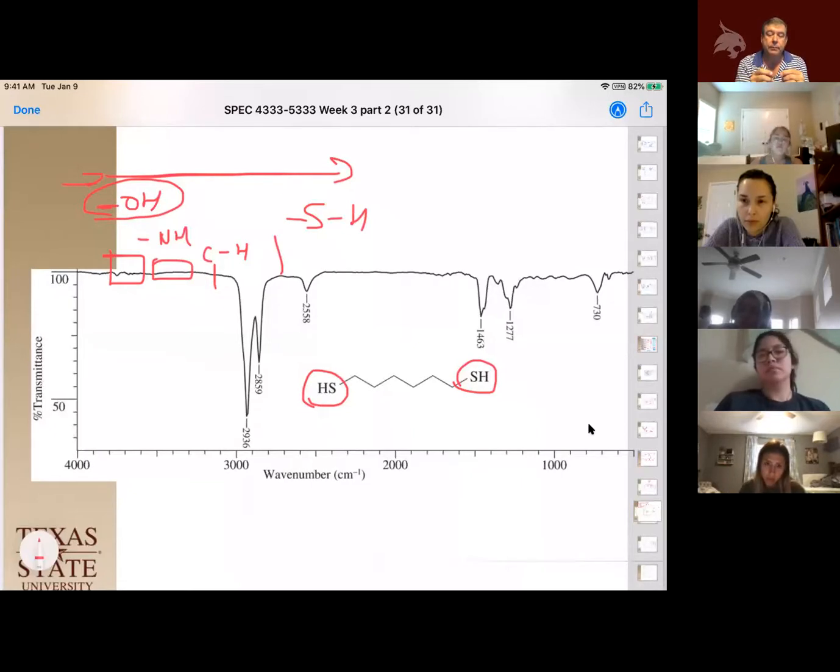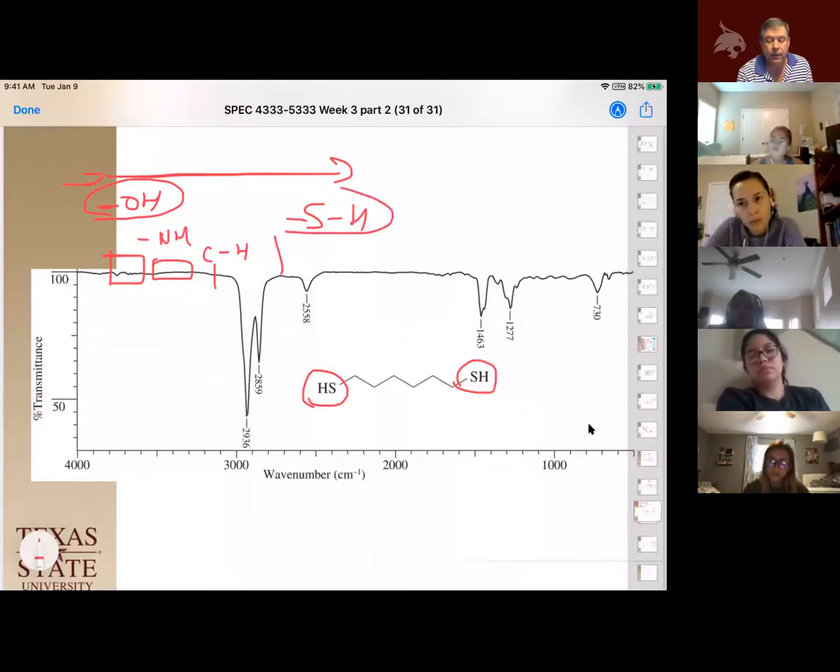The acetylene hydrogen bond is more polar than the vinyl hydrogen bond, which is more polar than the carbon-hydrogen bond. Likewise, the electronegativity difference between sulfur and hydrogen is less than that of carbon and hydrogen, or approximately the same, which is why this is the only hydrogen that'll show up way down here.